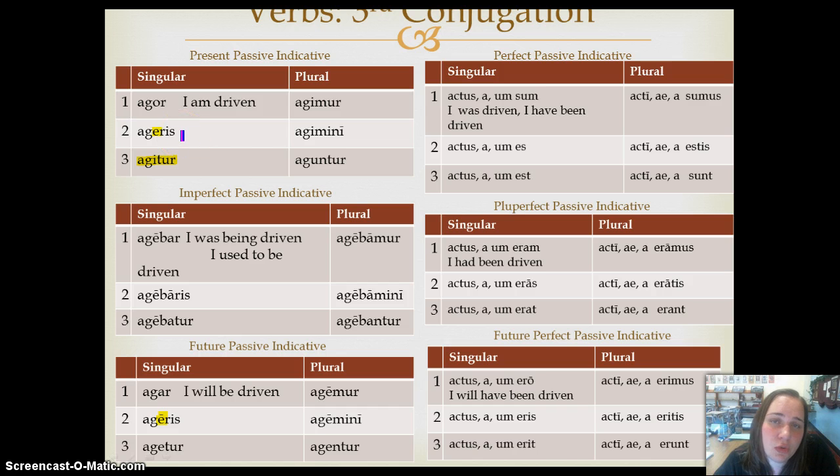Ageris, you are driven. Agēris, you will be driven, okay? Otherwise, the imperfect passive and the future passive form exactly how you would expect, okay? So just be careful of the second person singular present passive and the second person singular future passive indicative. Perfect passive forms the exact same way as it does for the first two conjugations, so no problems there.